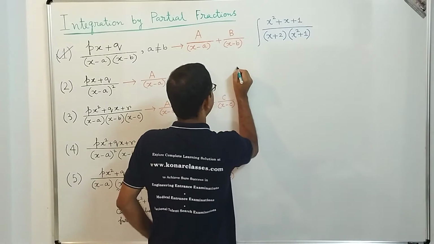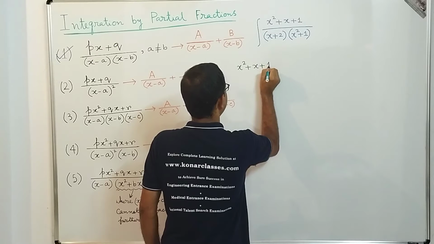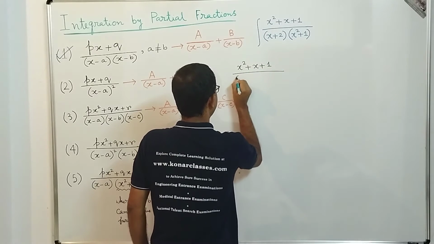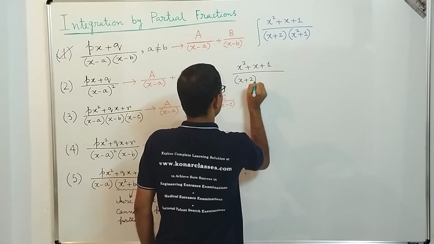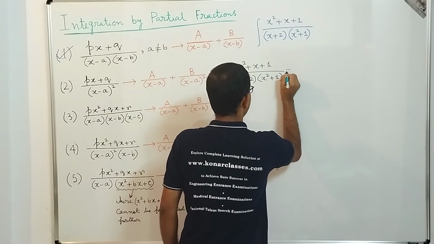So then what should we do? Our first thing should be to express x square plus x plus 1 divided by x plus 2 into x square plus 1. That is equal to, what should you write first?